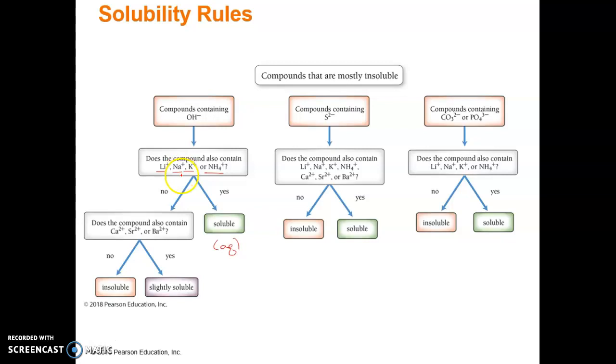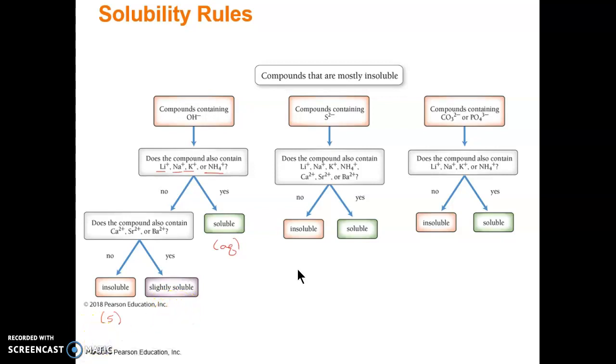If no, then you look, does the compound also contain calcium, strontium, or barium? If no, then it's insoluble, and you would write solid. And if it does, then it's slightly soluble.